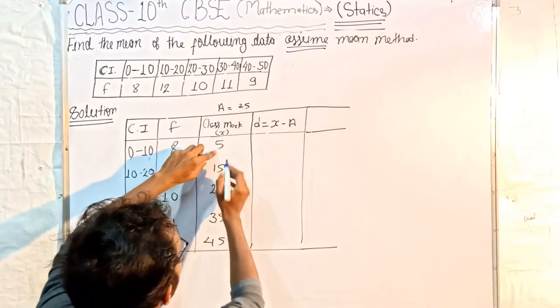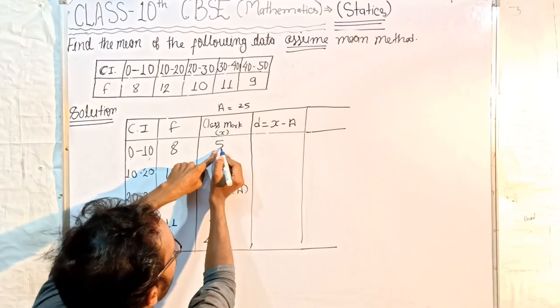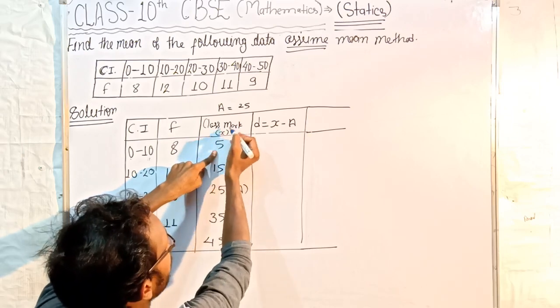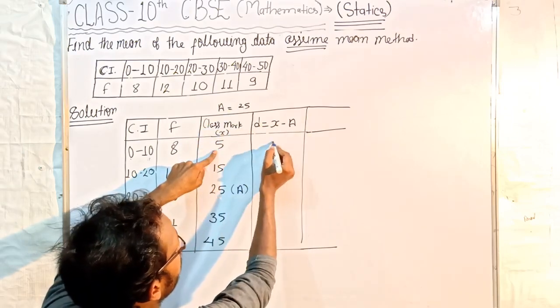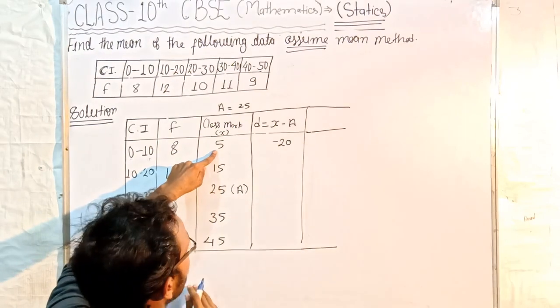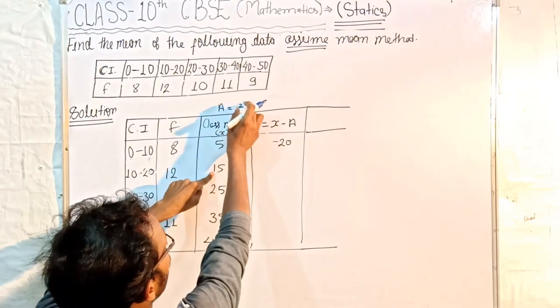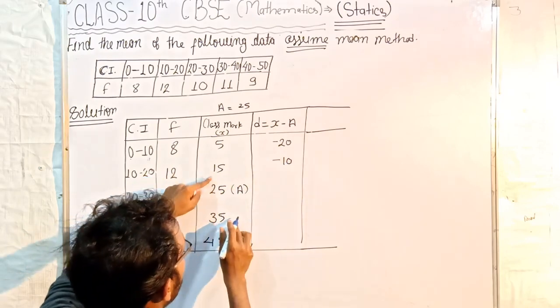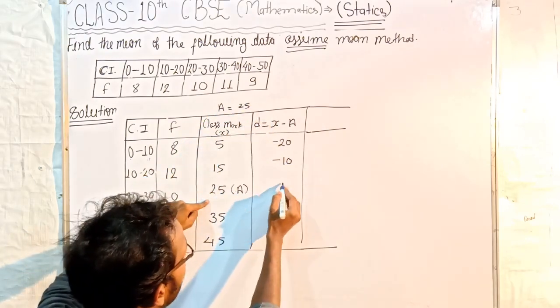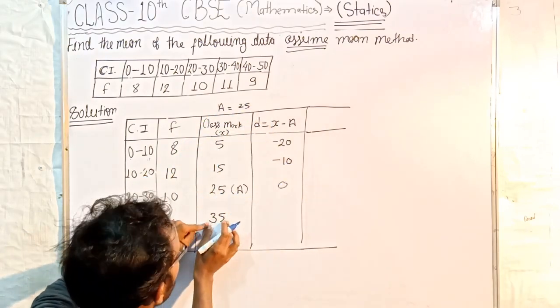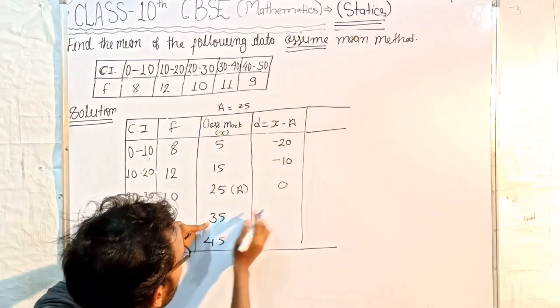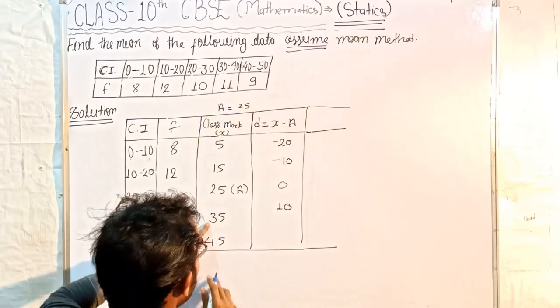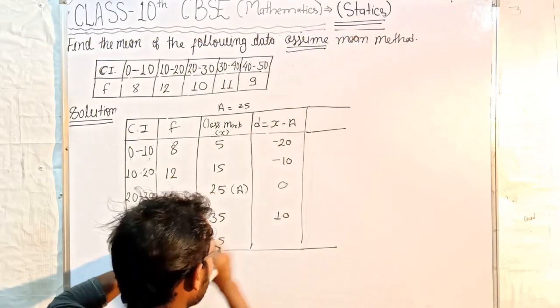If you subtract 25 from 5, you will get minus 20. Again, subtracting 25 from 15, you will get minus 10. Subtracting 25 from 25, you will get 0. Subtracting 25 from 35, you will get 10.